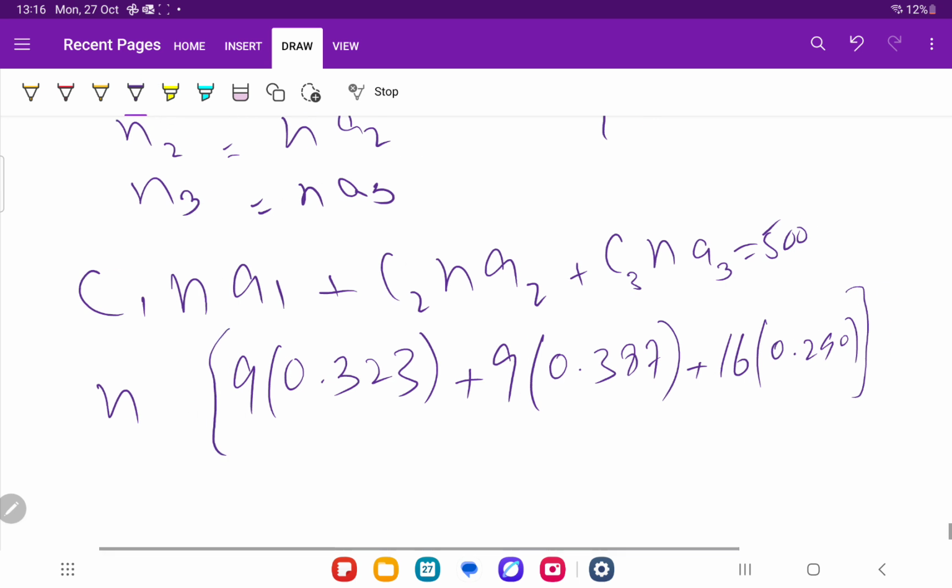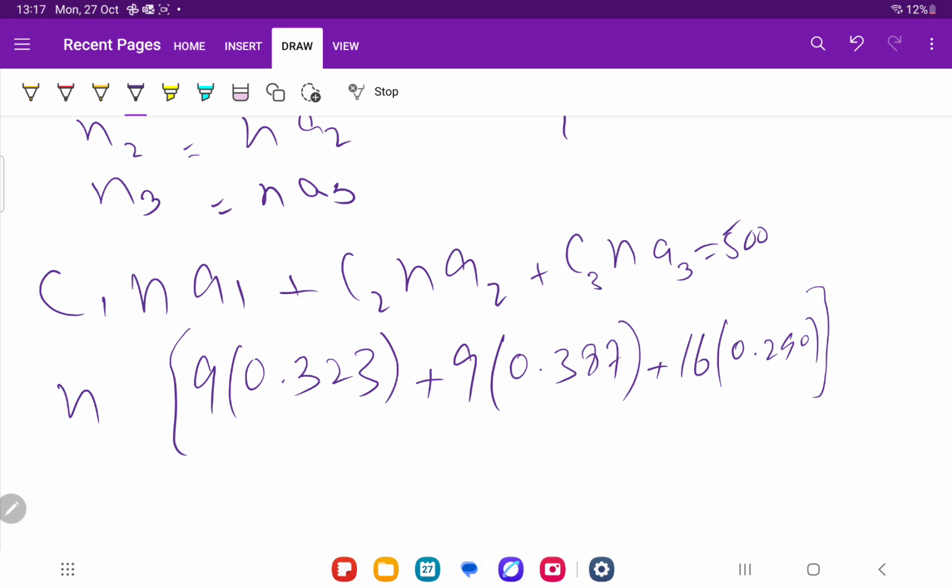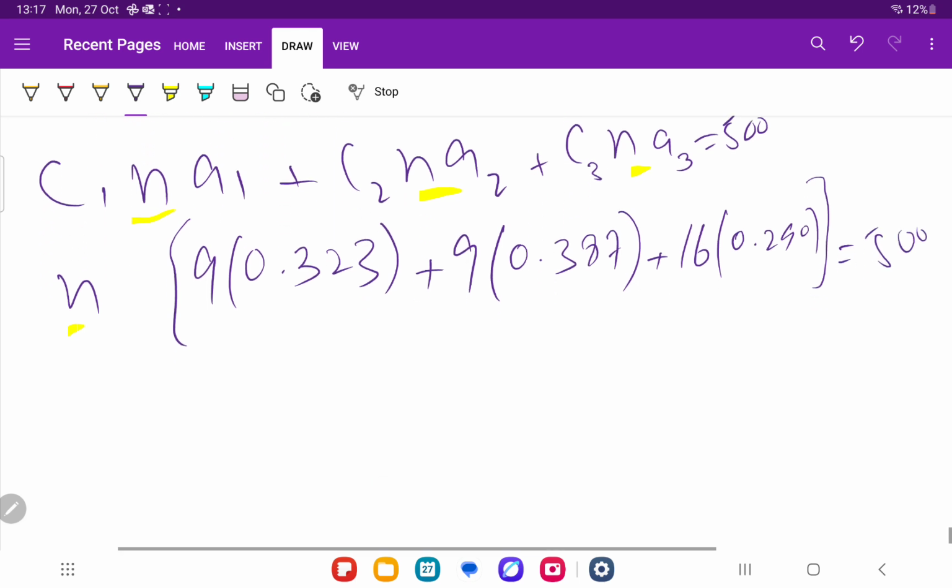We have taken N out because N is part of every term, and all of this is equal to $500.